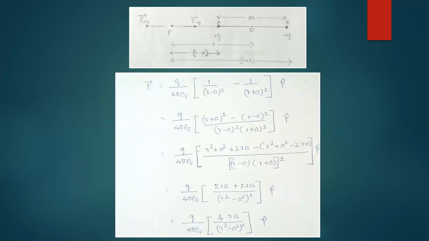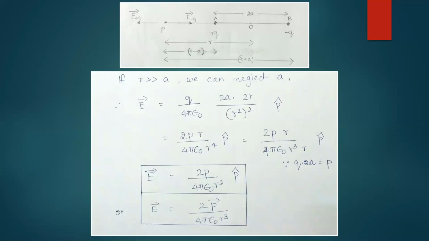In the denominator, it is the A square minus B square formula we have applied, that is equal to (R square minus A square) whole square, and keep everything in a square bracket into P cap, that is equal to Q by 4 pi epsilon naught 4RA by (R square minus A square) whole square into P cap.